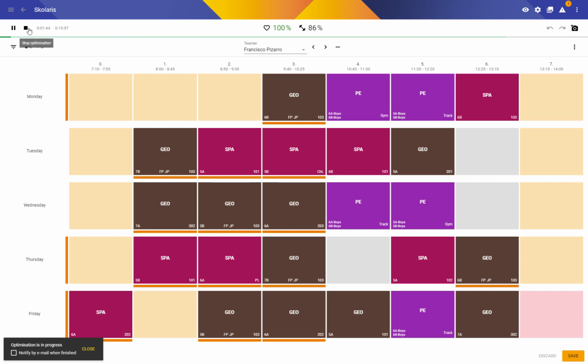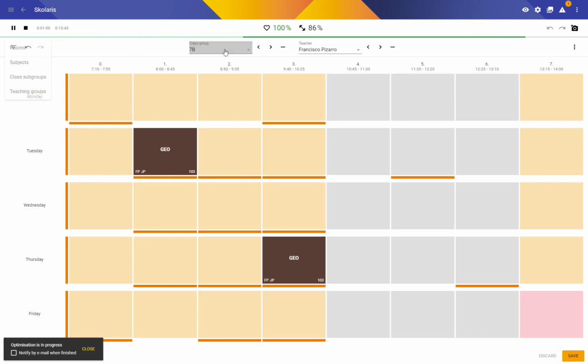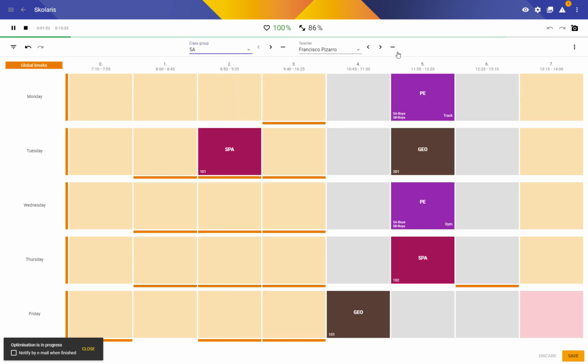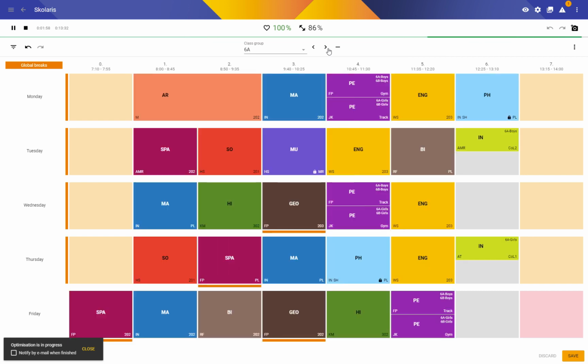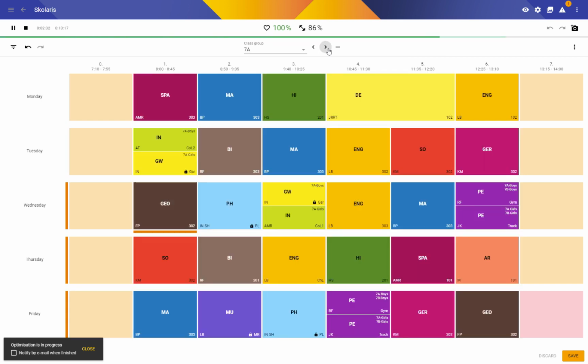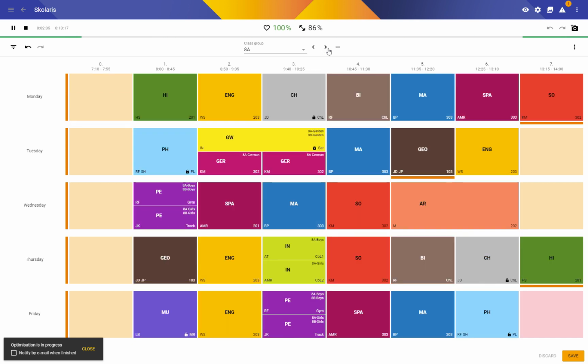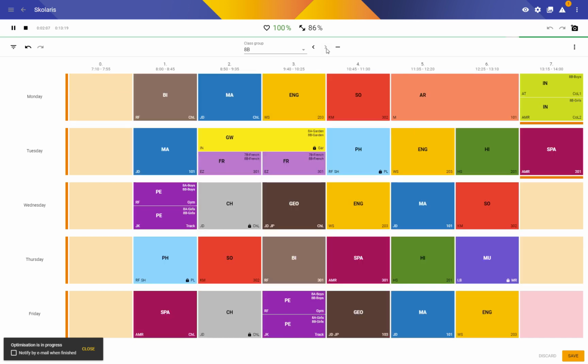So we actually managed to reduce the staff by 2 members while still keeping the timetables for class groups pretty good. Let's just list through them really quickly. There's one early lesson there, one there which we already saw, and this is perfect.